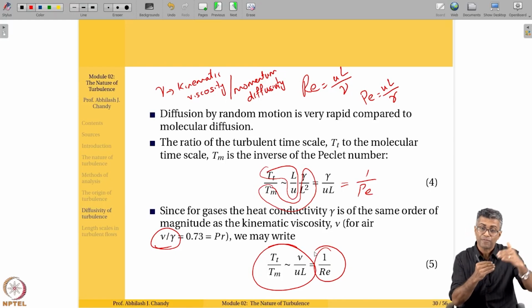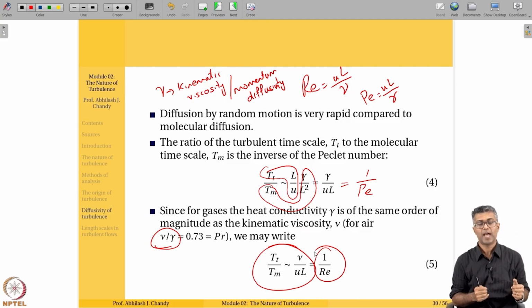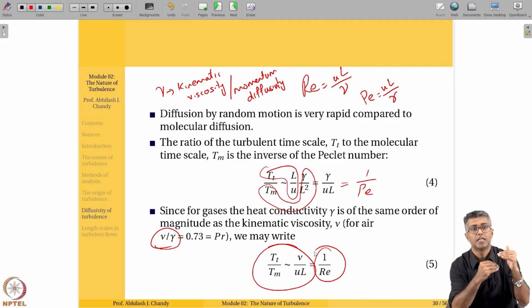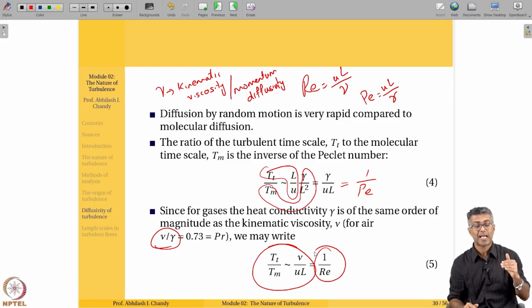So as the Reynolds number increases, the difference between the turbulent timescale and the molecular timescale becomes even larger. So that's one way to look at the ratio of the turbulent timescale to the molecular timescale.